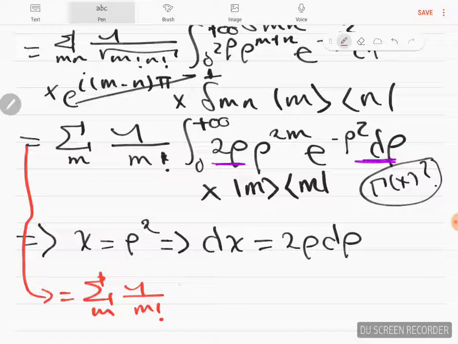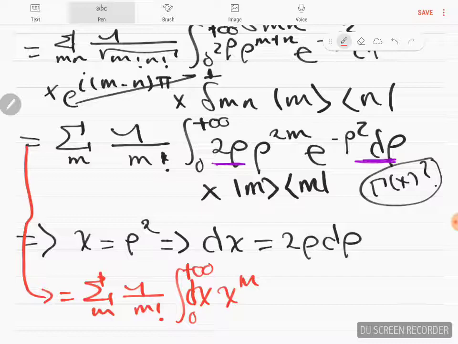1 over m factorial, integral from 0 to plus infinity, 2 rho d rho is equal to dx, rho to the power of 2m is equal to x to the power of m.